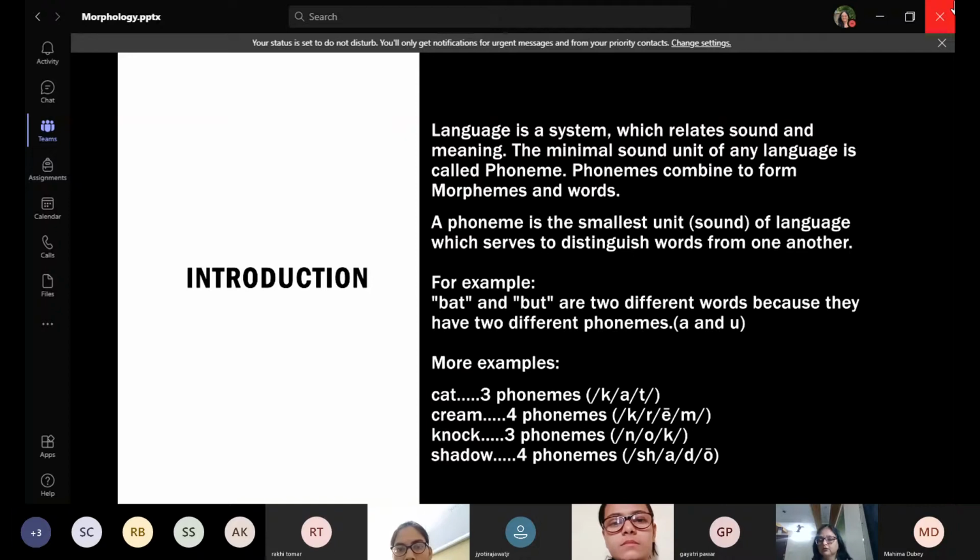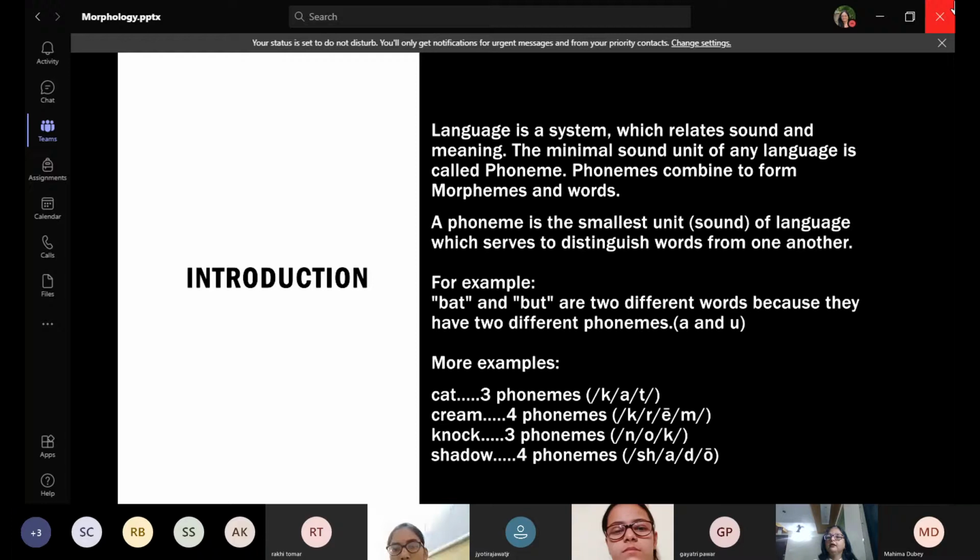Cat. How many phonemes does this word have? Each sound is counted as a phoneme. We are not going into this because we have already done it. Now when these different phonemes combine together, they form a word, cat. And you add one more phoneme to it, cats.